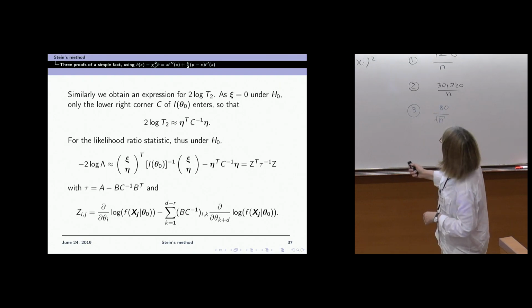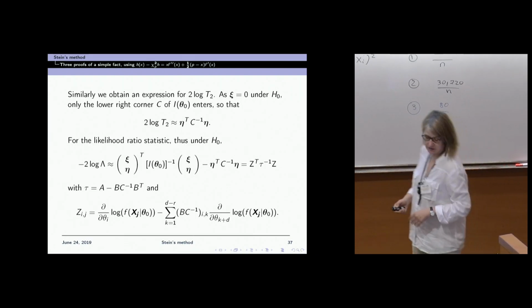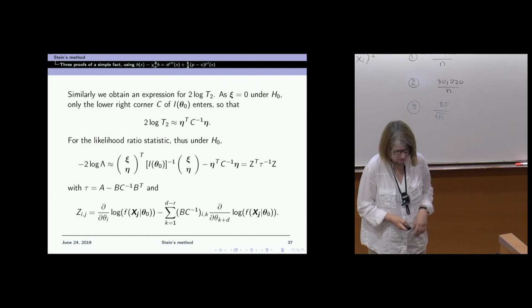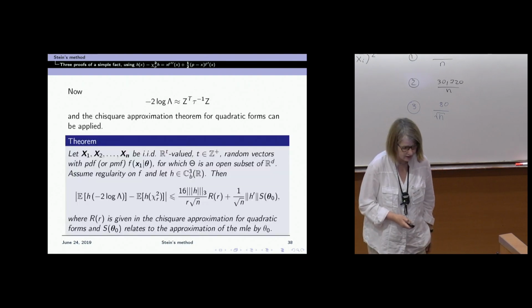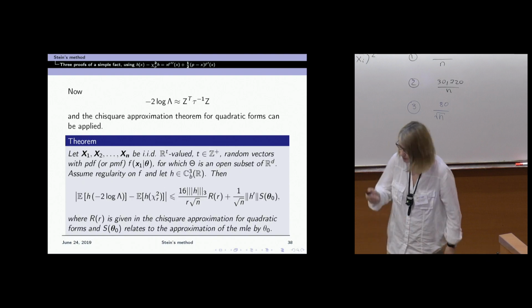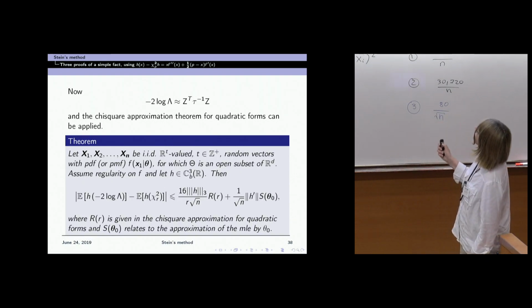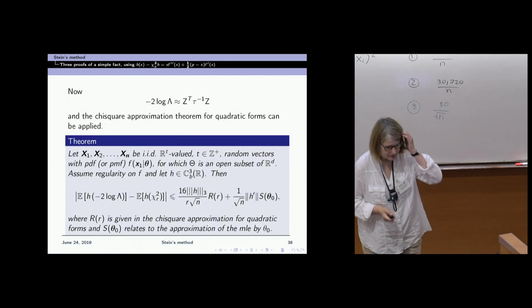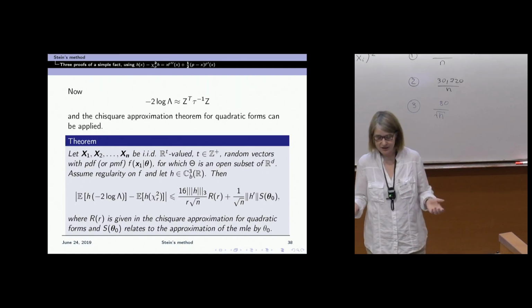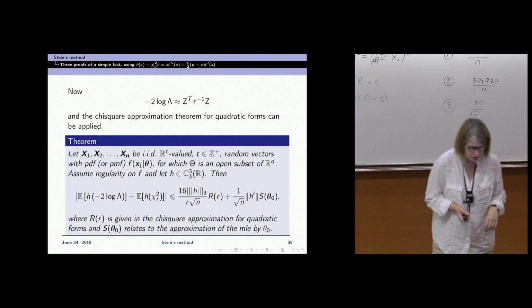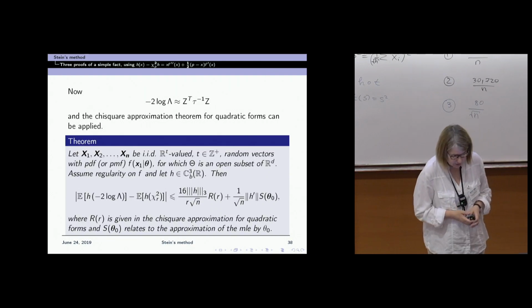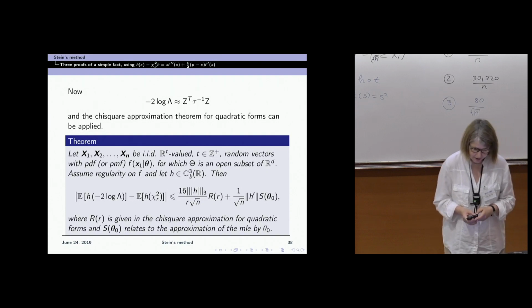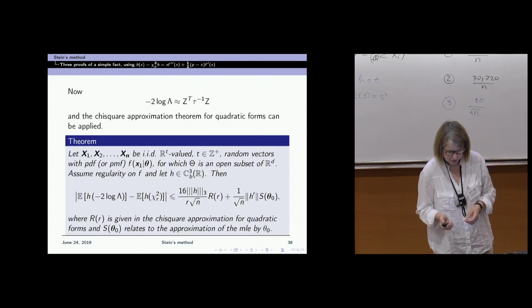And of course, we have the independence between the vectors, which sort of filters down to the Zij. And so we are now in this quadratic form regime, and we can apply the chi-square approximation for quadratic forms, and we get an explicit bound on the distance to chi-squared for the log likelihood ratio.